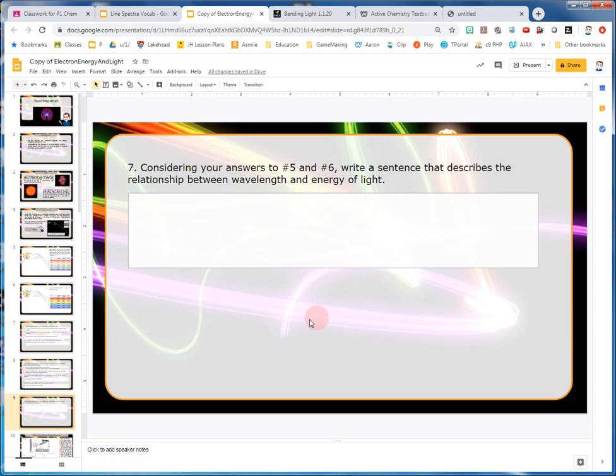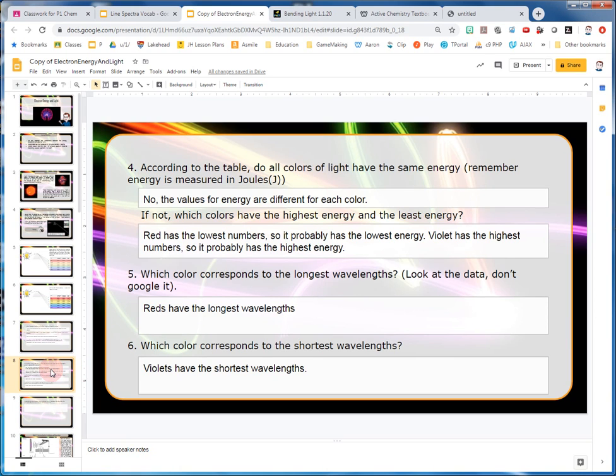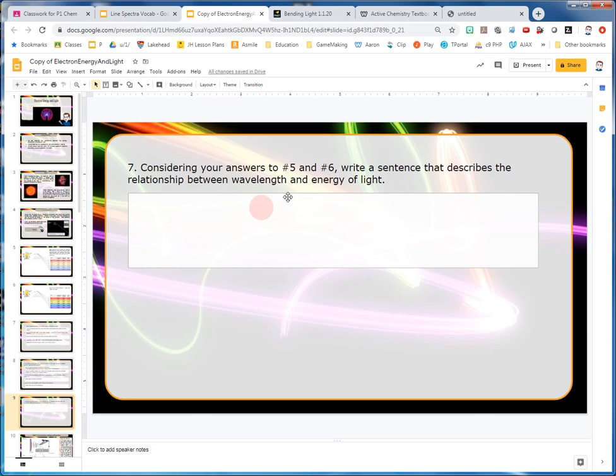All right, considering your answers to 5 and 6, write a sentence that describes the relationship between wavelength and energy of light. Many things you could put here.